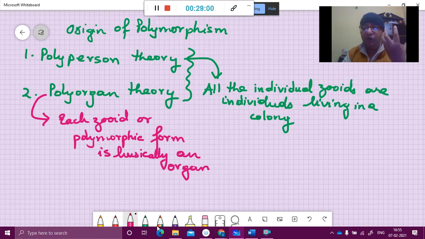So the polymorphic form is basically a society which you are seeing, with each individual member having a specific role. Some are responsible for nutrition, some individuals are responsible for fighting. So both these theories are there. Which is right or which is wrong, nobody knows, but these are the two theories which are prevailing. So this finishes polymorphism in Siphonophora.